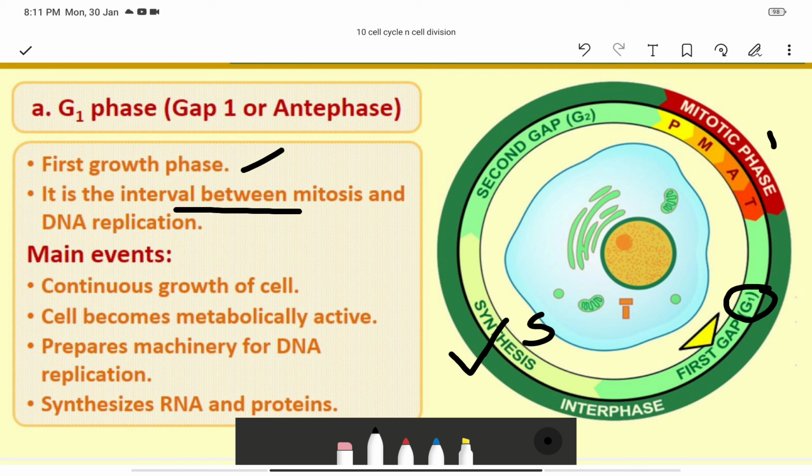So between the M and S phases, the G1 phase is there. What are the main events that take place in the G1 phase?